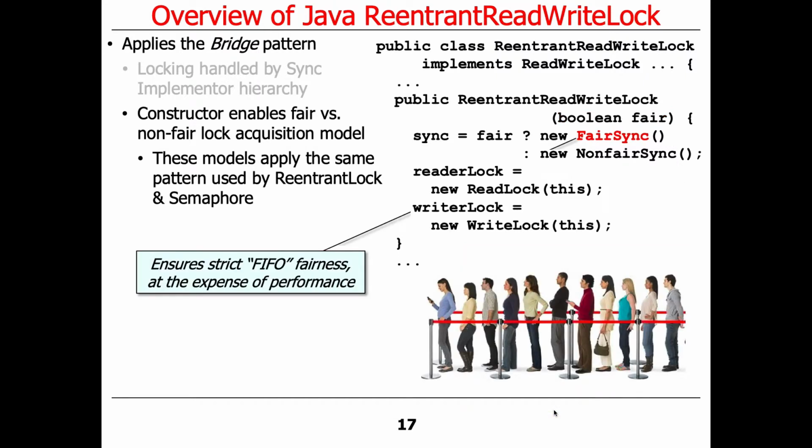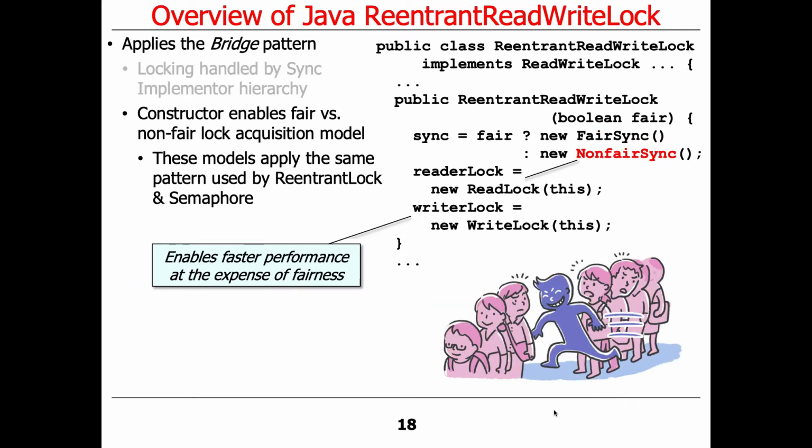If FairSync is selected, if the boolean fair is true, that ensures strict first-in, first-out fairness, which gives you fairness at the expense of some performance, as we talked about before. Conversely, the NonfairSync semantics, which can be selected if the fair parameter is false, enable faster performance at the expense of fairness.